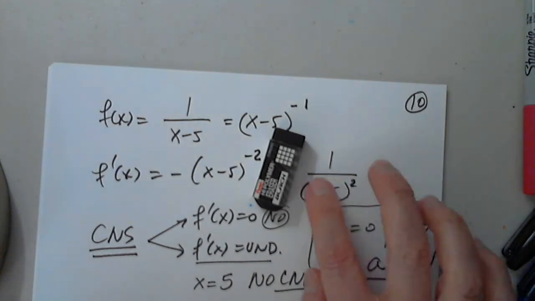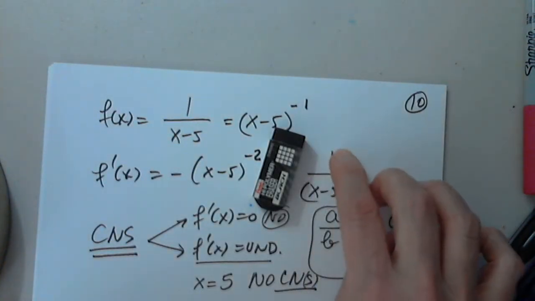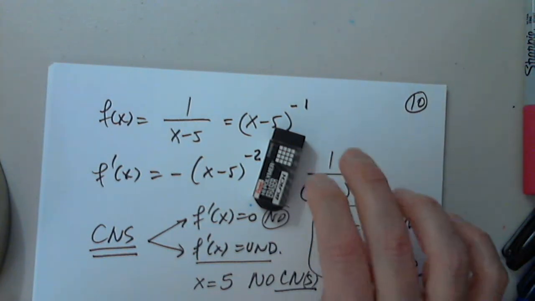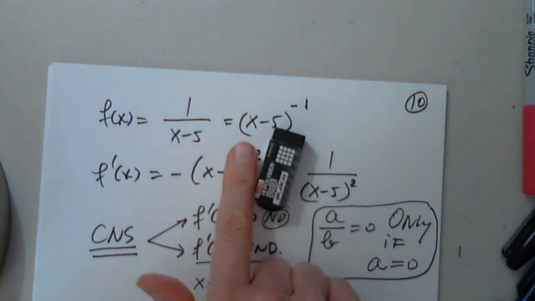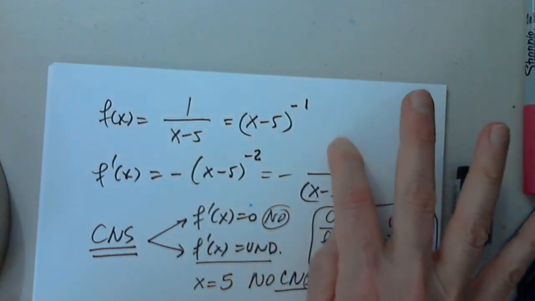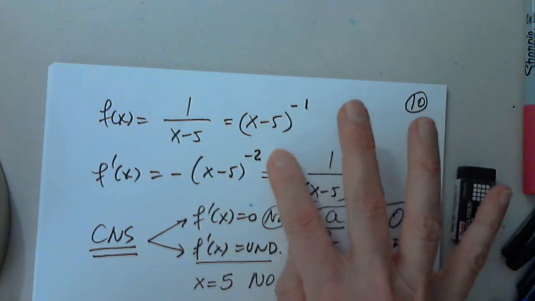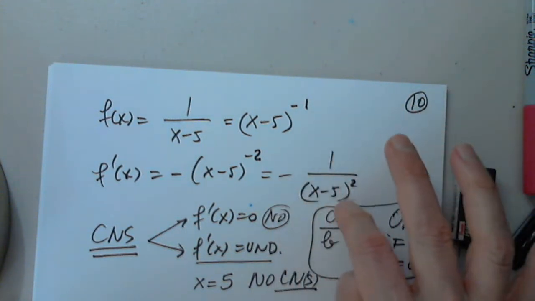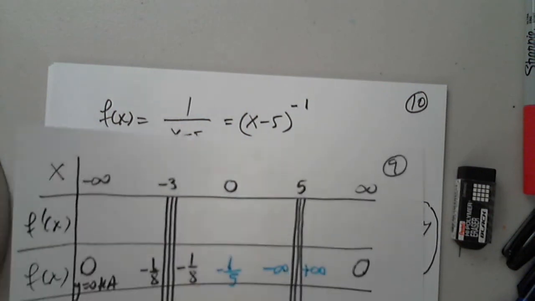It's something squared, so it's always positive. The numerator is positive, the denominator is positive. So this quantity is always positive, but it has a negative in front. So what is the sign of this expression always and forever then? Negative.